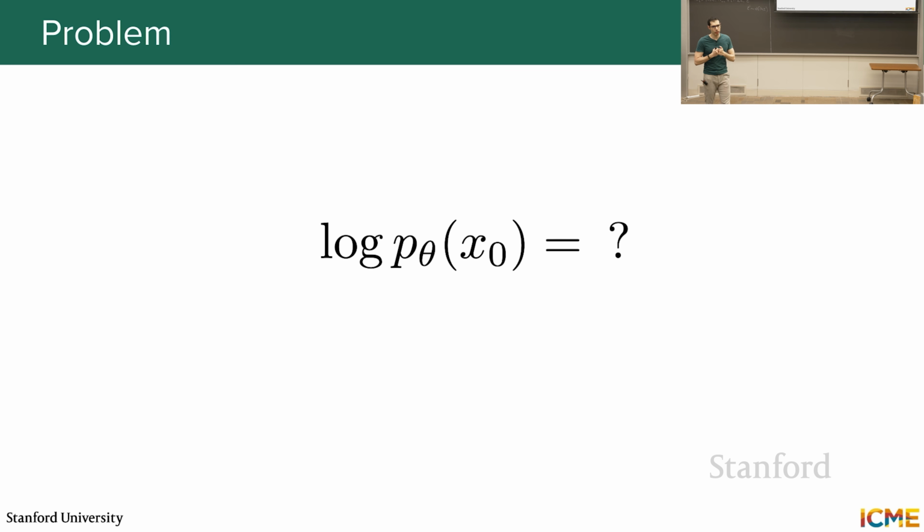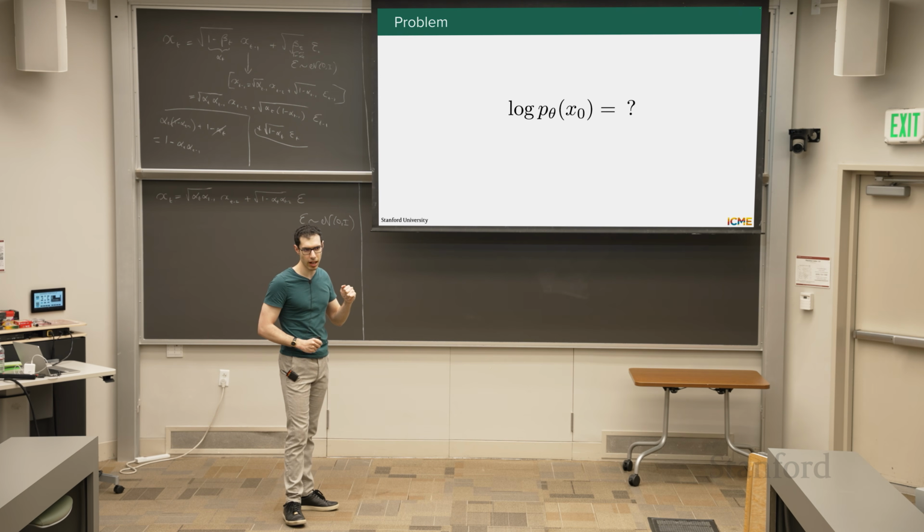Cool. And with that simplified notation, you can just rewrite the formulas from before as follows. So now if we were to come back to the problem that we had around finding parameters theta that maximize the probability of our model seeing the training data, here what we want to do is to express p theta of x0, or log of p theta of x0.